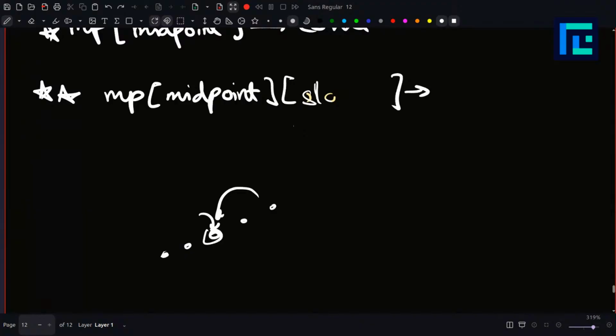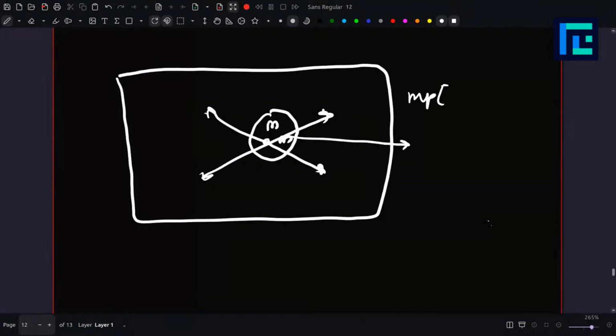So we just need to count how many pairs of midpoints are at the same position. We'll have a map of midpoint, and each time we get a specific midpoint, we'll do map of midpoint plus plus. That will keep track of how many midpoints coincide at a specific point, and we can add that much to our answer.